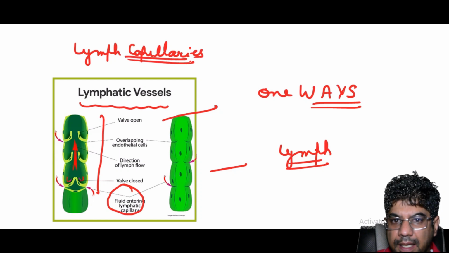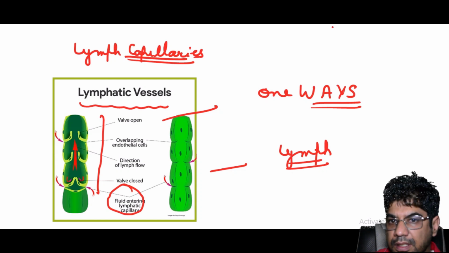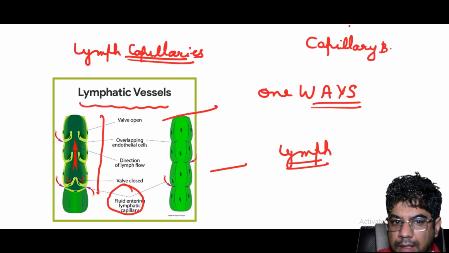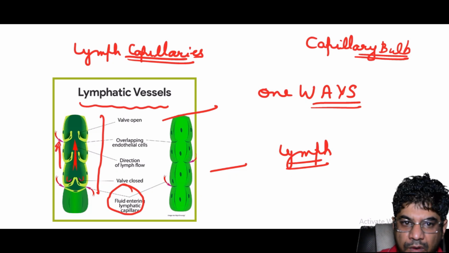The lymph capillaries start as large blind end terminals that are known as capillary bulbs. These bulbs contain valves that ensure that the lymph flows in one direction.